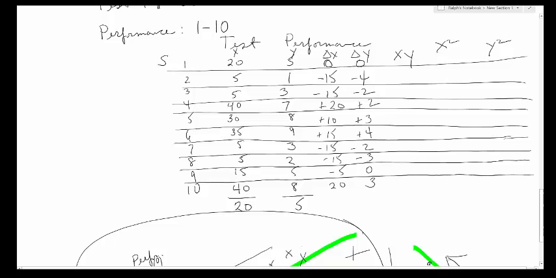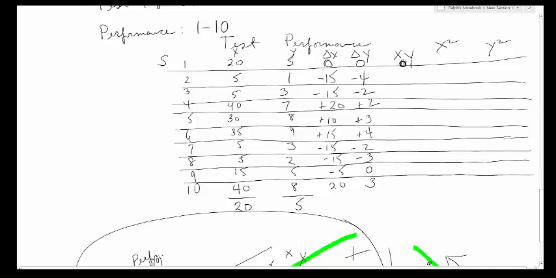Okay, here we are after calculating all of the differences of the X's and the differences of the Y's. So now let's multiply these two numbers times each other. So 0 times 0 equals 0.